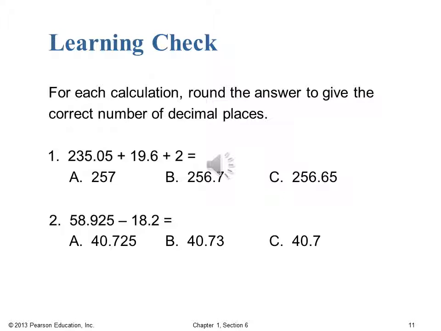And for number 2, now we'll do a subtraction example, 58.925 minus 18.2 equals, and then select the correct value from those choices. So either make your selections now or pause the video and continue as soon as you're set with your selections for those 2 learning check questions.